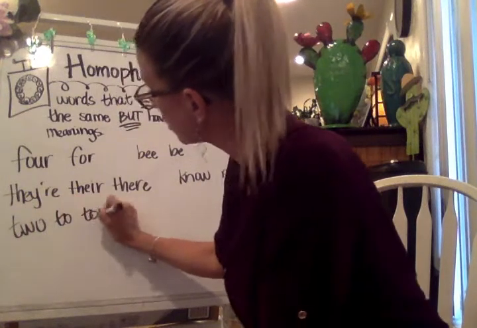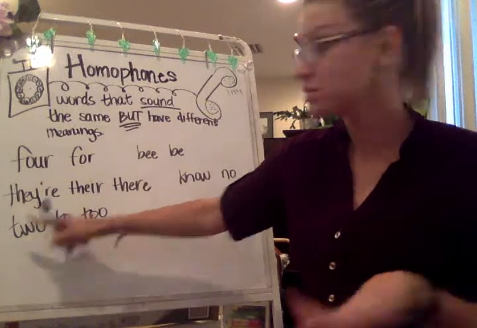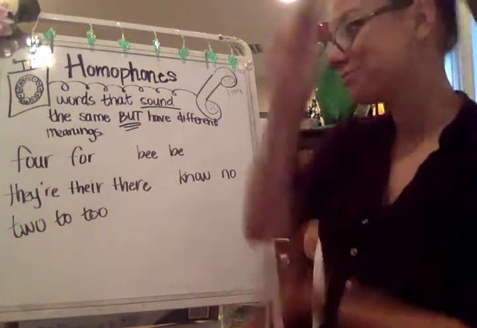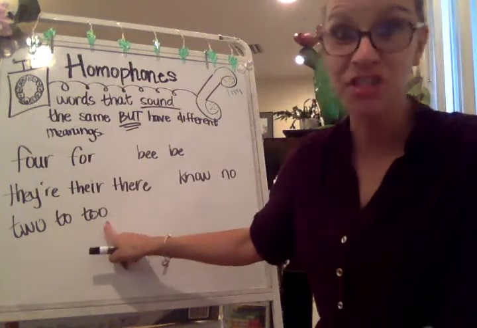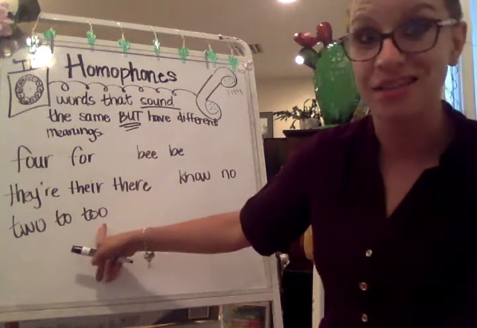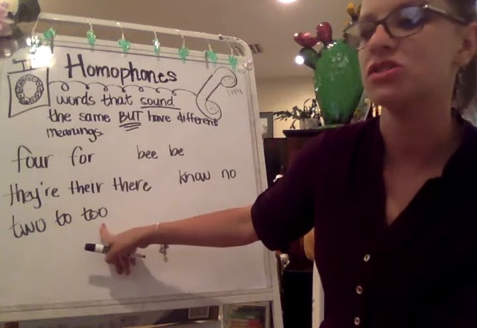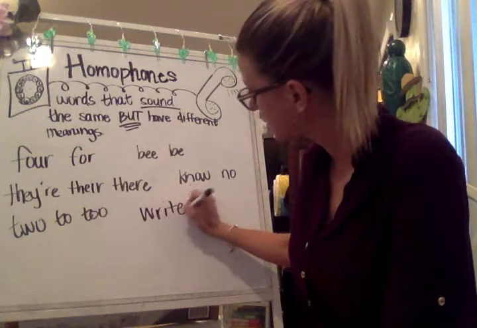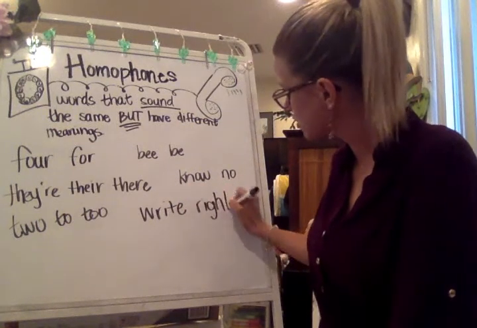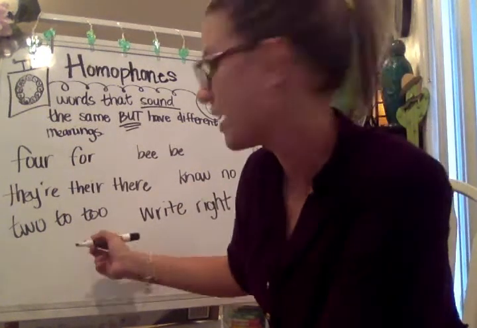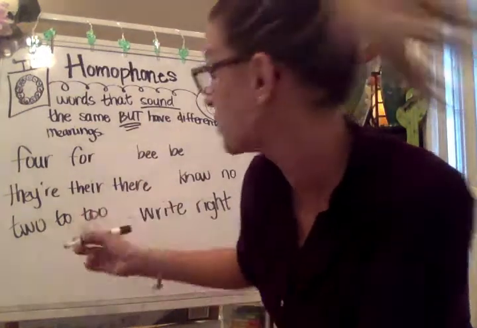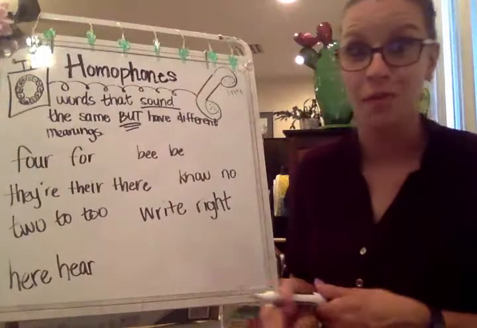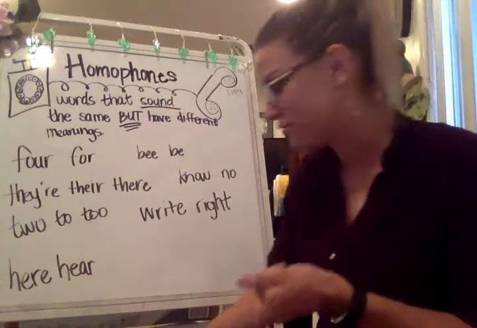We have 2 pencils. I have to go to the restroom. And then I want to come too. This one means also. This T-O-O with the 2 O's means also. Right, we did right and write, R-I-G-H-T. And then we did the numbers, we did the no, we did the here, H-E-R-E and H-E-A-R. You probably can think of a lot more than I can. I just wrote down a few to try to remember.